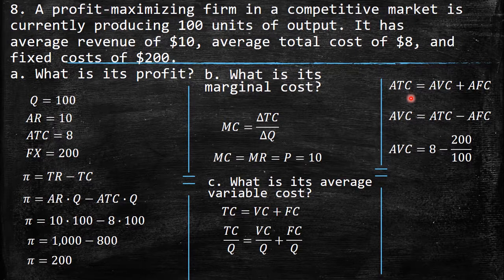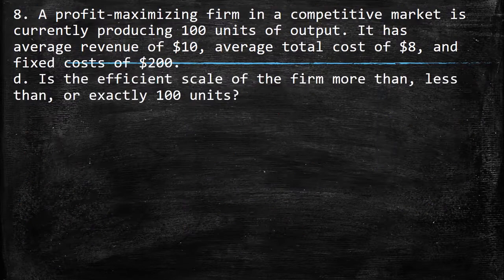The average total cost is going to be 8, and the average fixed cost by definition is the fixed cost, which is 200, over 100, which is the production. Then your average variable cost at that particular point is going to be equal to 6.